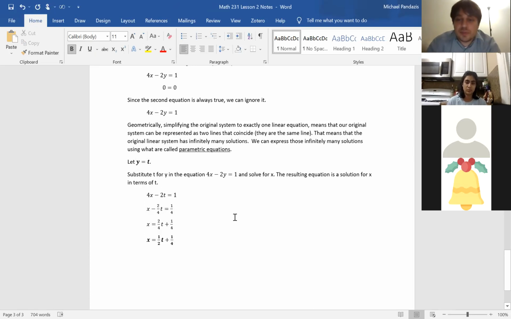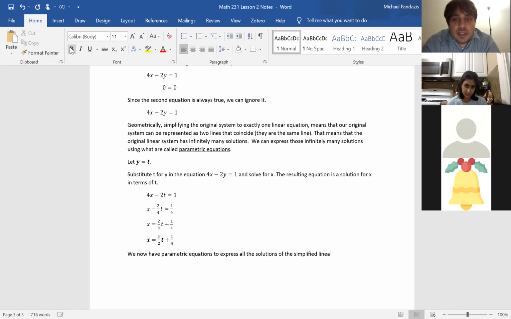Okay, so we now have parametric equations to express all the solutions of the simplified linear system 4x minus 2y equals 1.